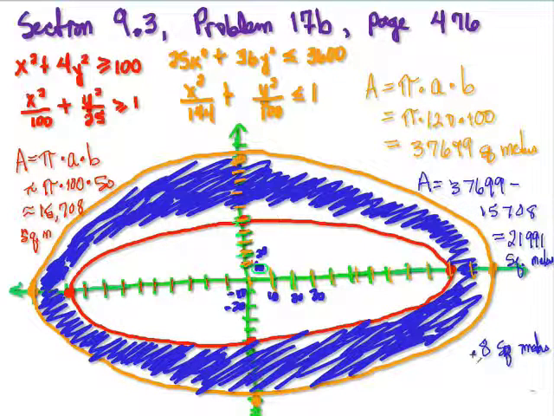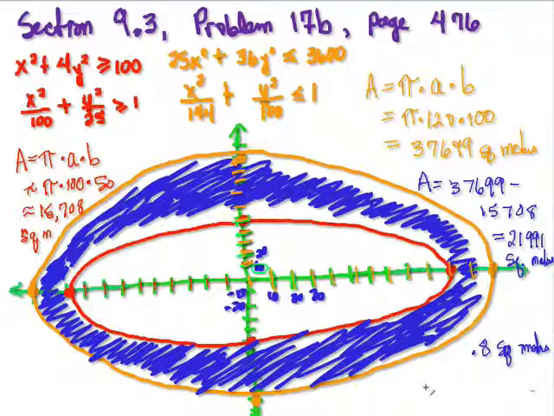So I'm going to take that number, 21,991, and divide it by 0.8, to find how many chairs fit. And so that's all I did.